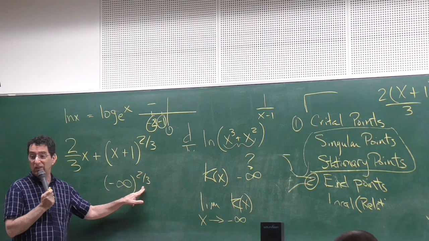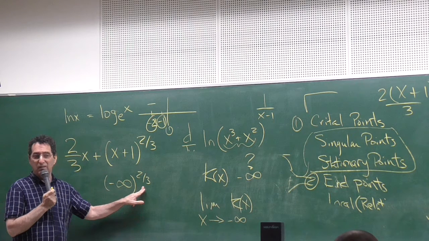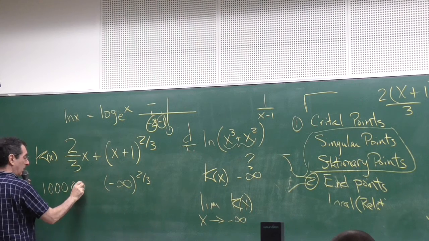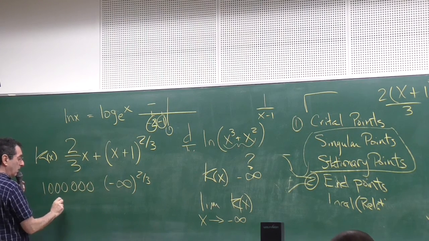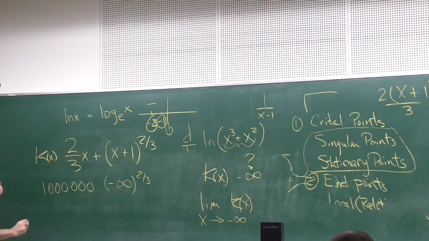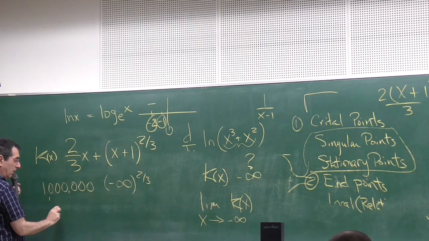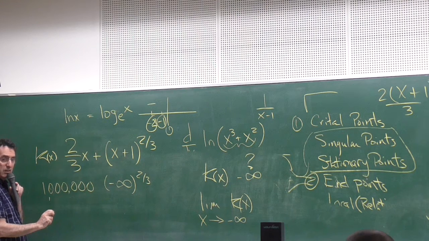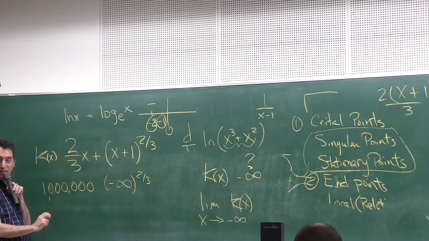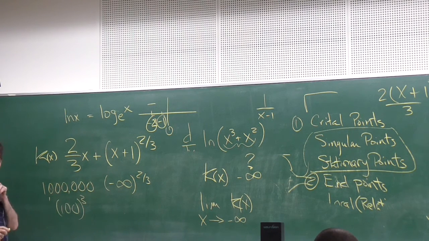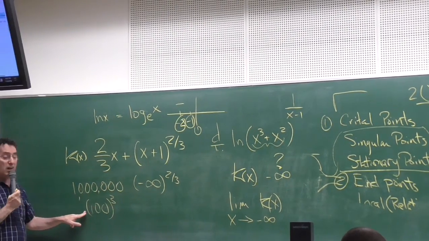That makes it smaller. If I take the cube root of 1,000,000, what is it? 100, right? 100 cubed is 1,000,000, so the cube root of 1,000,000 is 100.